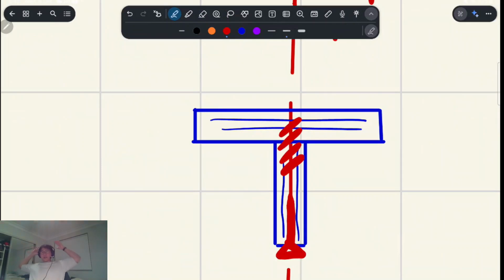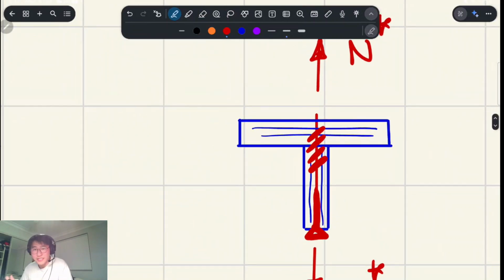Are we going into end grain or side grain? I'm going to ask people on Discord again, sorry. Okay, I'm going to give away the answer. We're going into side grain.